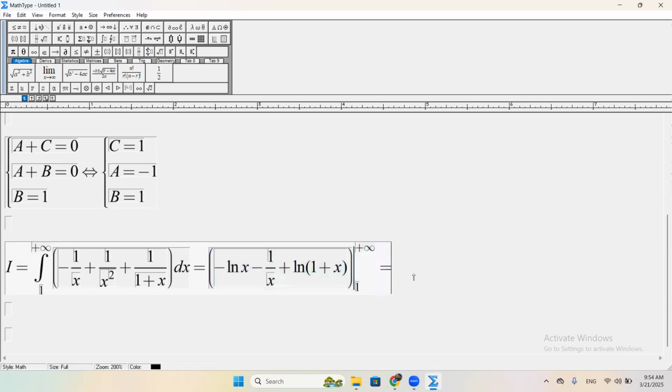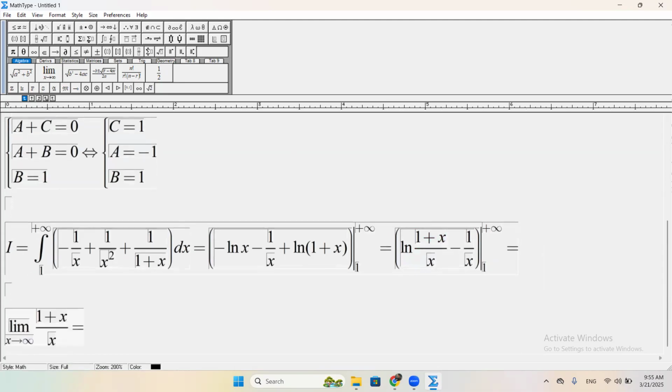Let's transform all expressions with logarithm. So I'm transforming the difference of logarithms to the logarithm of the fraction. And now, if I substitute infinity, here I will receive 0, because the limit of this expression when x approaches infinity equals 1, and logarithm of 1 is 0.